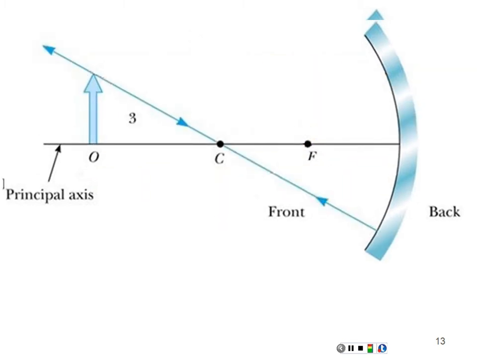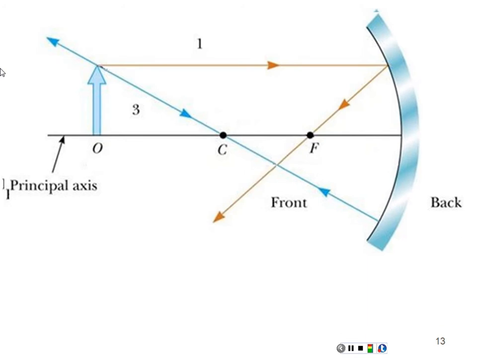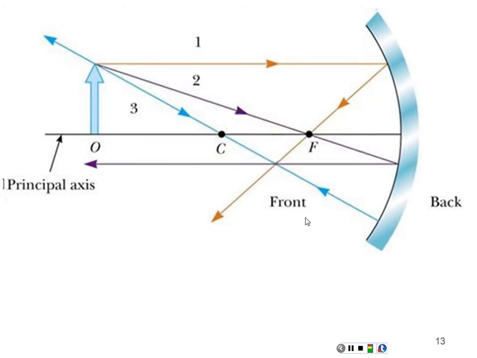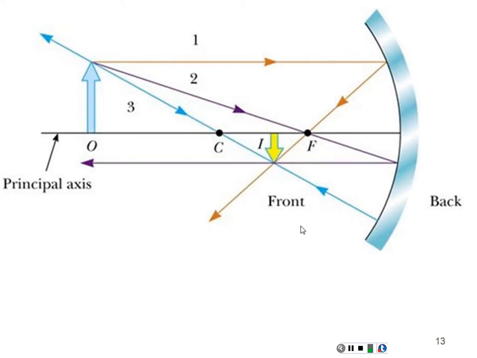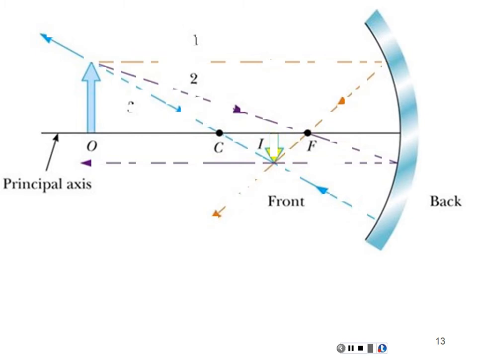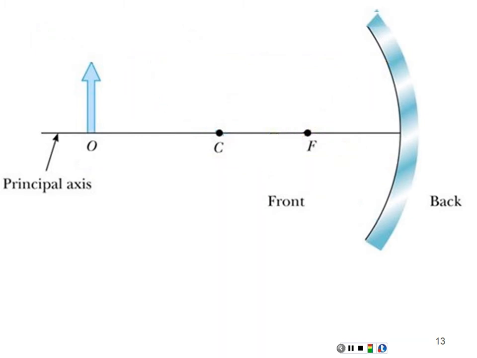If I had a light ray that came right through the center of curvature, which is the radius itself of the curvature, it's going to bounce straight on and bounce right back and come right back through that same line. And we can see that if we combine that with one of the other rays, or even 2 of the other rays, we can locate where that image is. How about that? And there's a 4th one I can use.